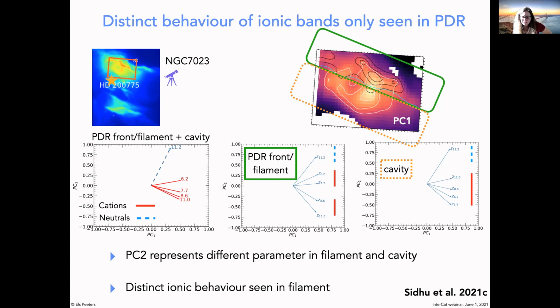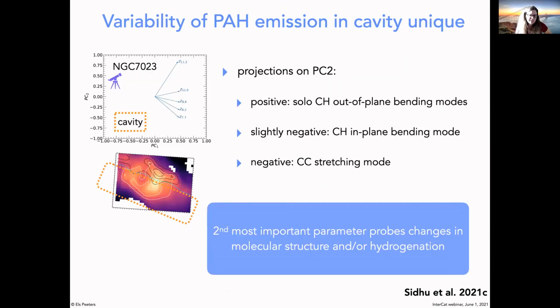Our second principal component, which explained the second largest variation in the spectra, is different between the PDR and the cavity. If you look at the second component for the cavity, you can see, if you do the projections once again on the y-axis, we first have positive projections, which means you're talking about the solo CH out-of-plane bending mode.